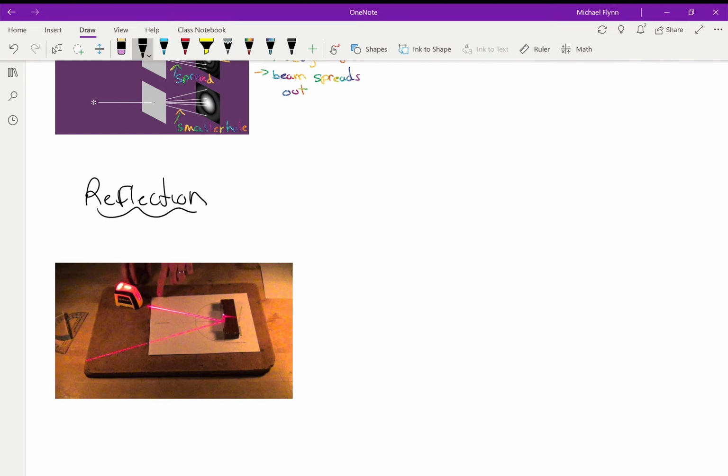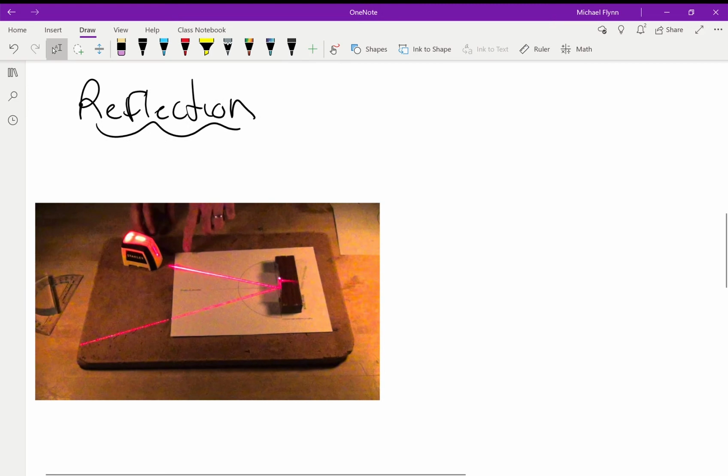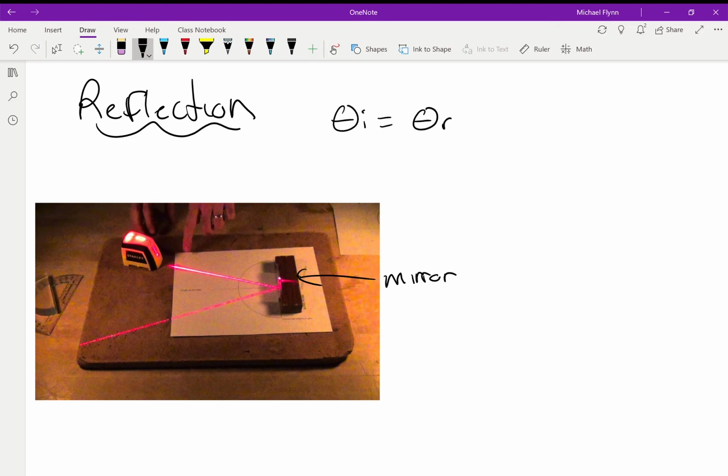Here you can see someone with a laser doing the experiment. Here we can see that light travels in straight lines very nicely with the laser. Those lines appear perfectly straight. Here it's shining off of a mirror, and I can summarize reflection just by saying one thing: the angle of incidence equals the angle of reflection.